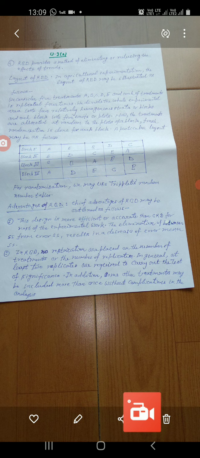In agricultural experimentation, the layout of RBD may be illustrated as follows. Suppose we have 5 treatments A, B, C, D, E, and each treatment is replicated 4 times.